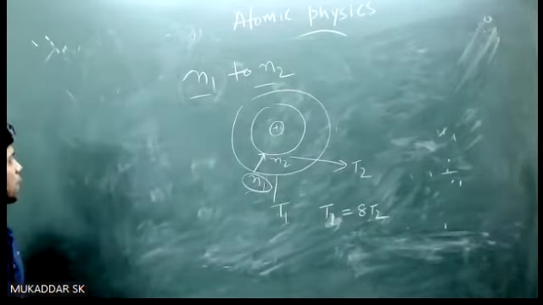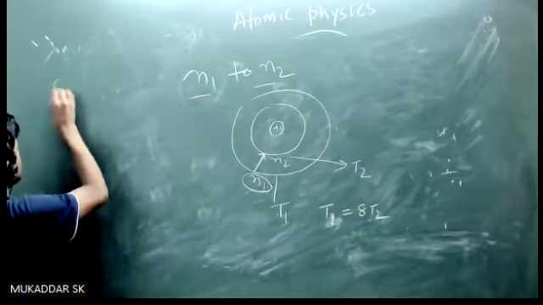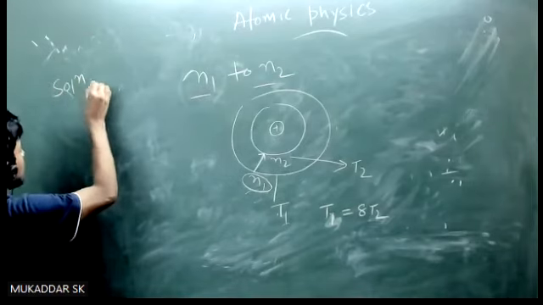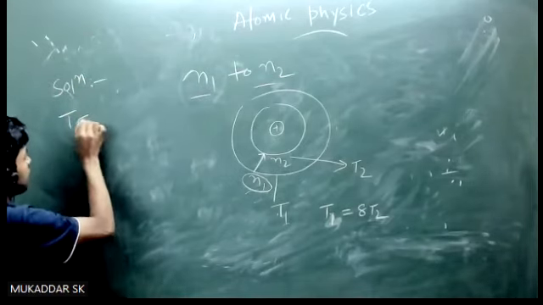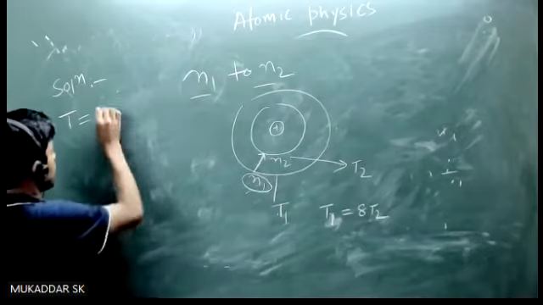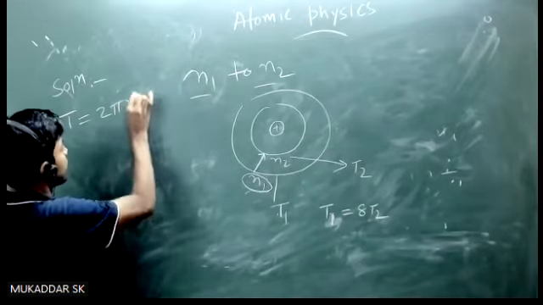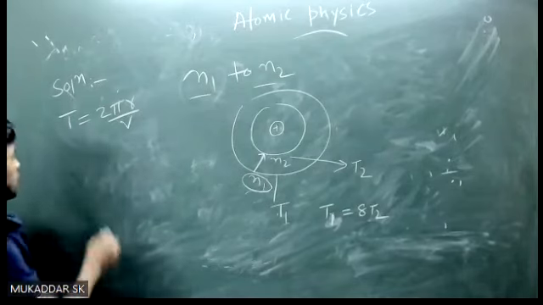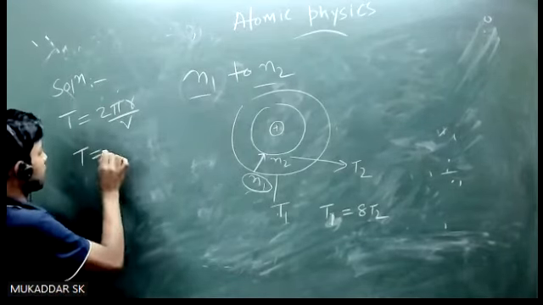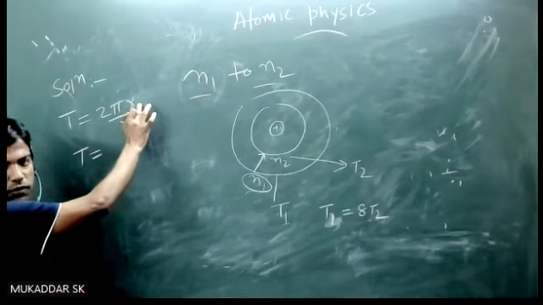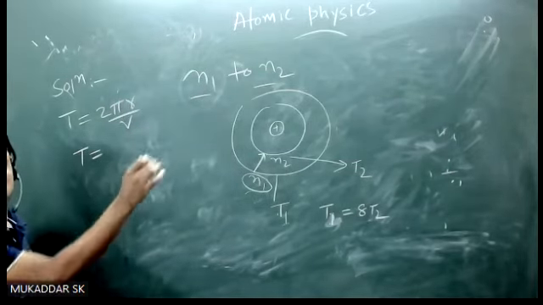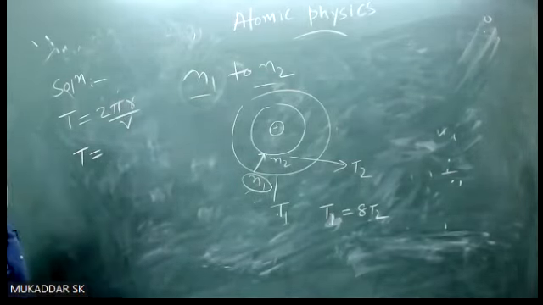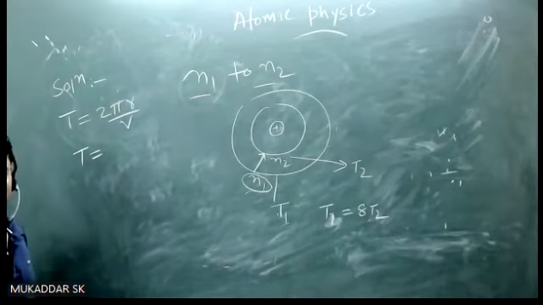T is nothing but, as we have discussed, 2 pi r by v, is it not? And we know that r varies with principal quantum number as n square and v varies as 1 by n.